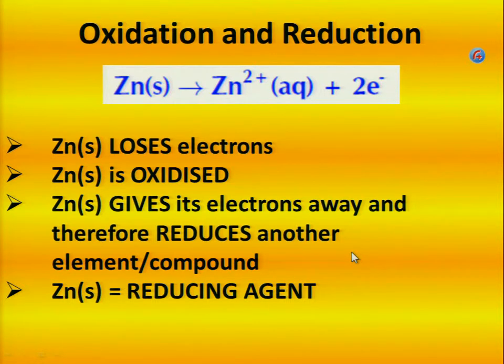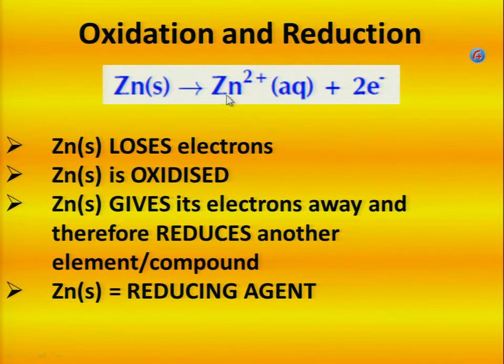Now this can be confusing because the zinc is oxidized, but it is also a reducing agent because while it is oxidized, it is reducing something else. And it's very important to understand this clearly. The zinc's oxidation number is 0 in this case.